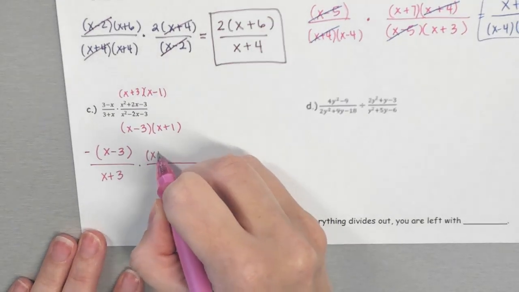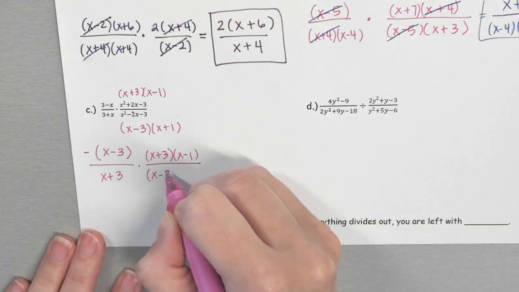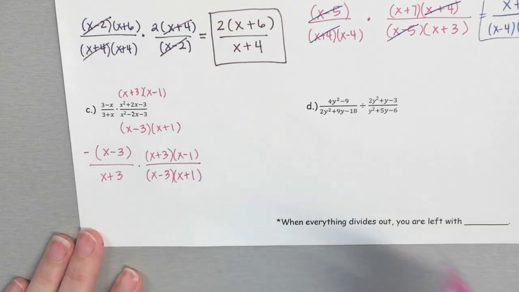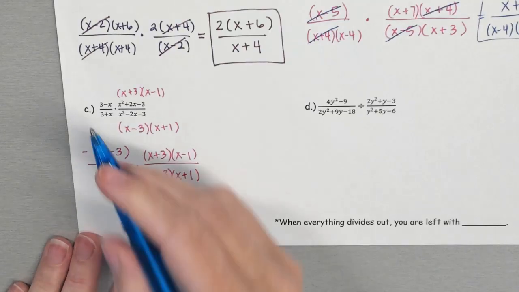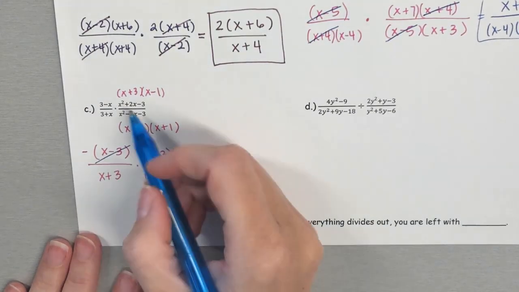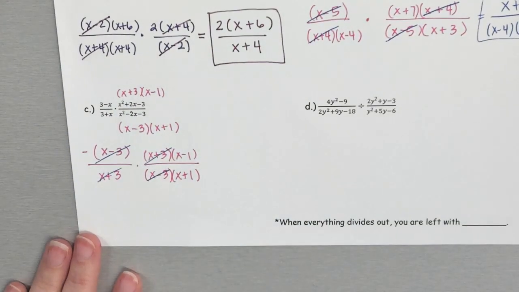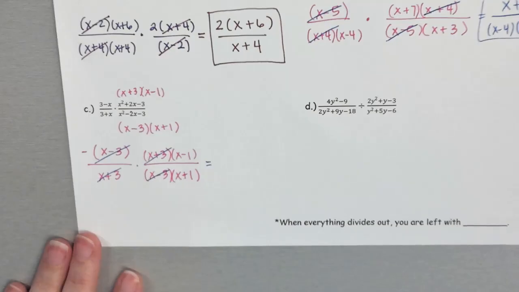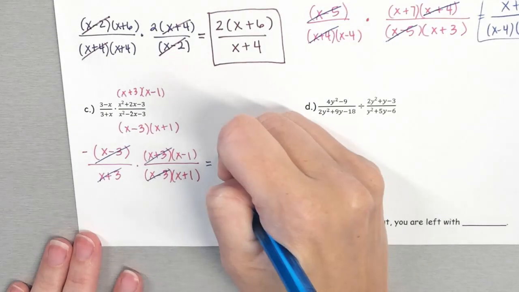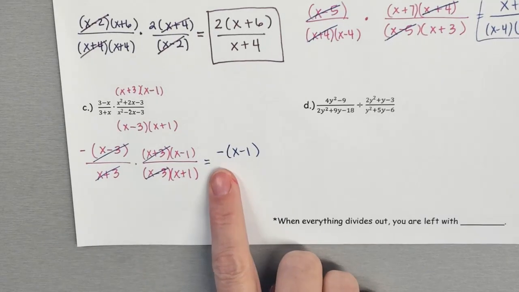And then I'm just going to rewrite these so that I can cross them out properly. So now I can cancel out the x minus 3 and the x minus 3. Okay, you could cancel those out without having to write them, that's okay. And then if you're keeping it in factored form, you can keep the negative in front. This would be 1 because it is just a 1.